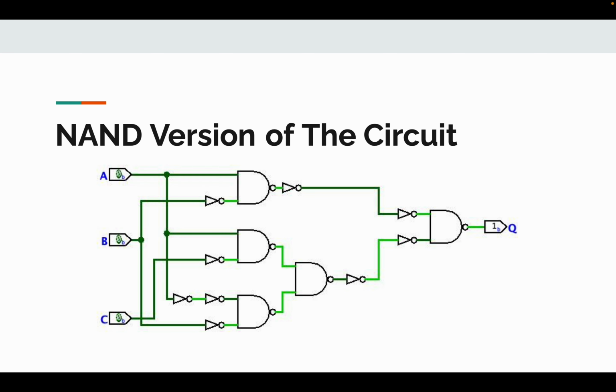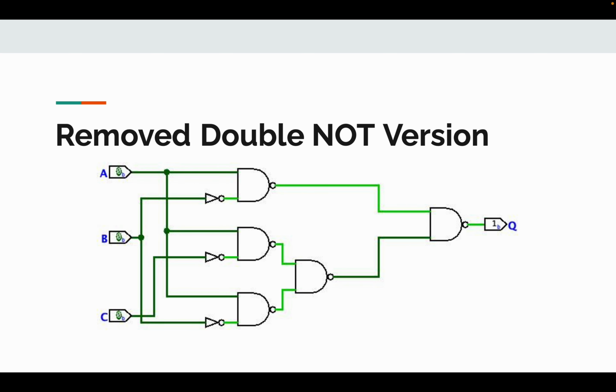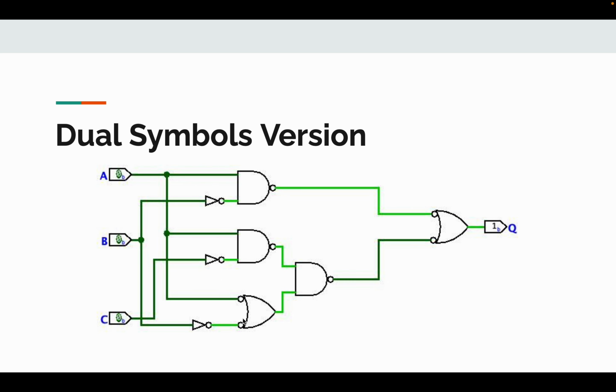So when we convert it all to our dual symbols version, it would look like this. And these are the negate gates as well. It's a cleaner look rather than having the NOT gates right before these expressions.